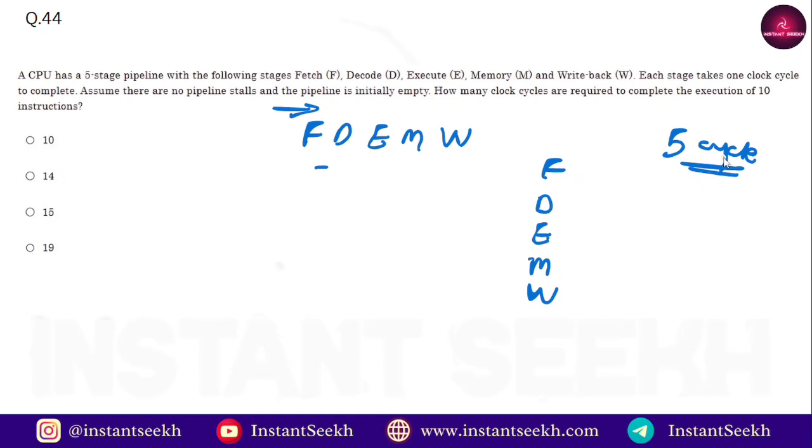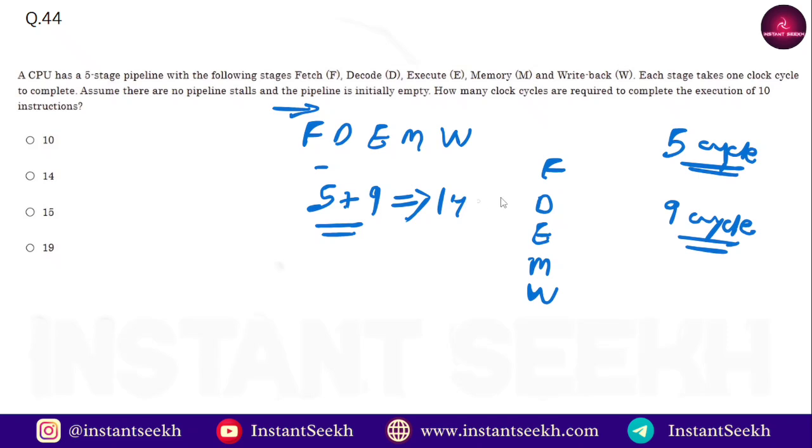So one instruction per cycle means 9 cycles. Simply adding this 5 plus the remaining 9 cycles, you get 14 clock cycles. So that is the number of clock cycles required to complete the execution of 10 instructions.